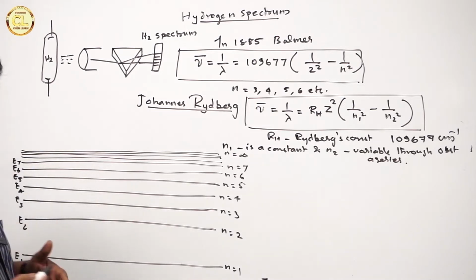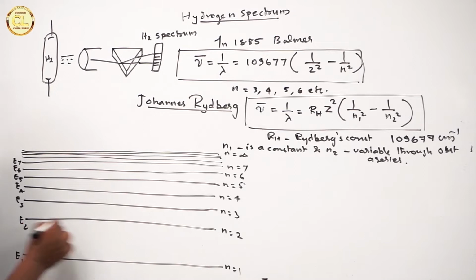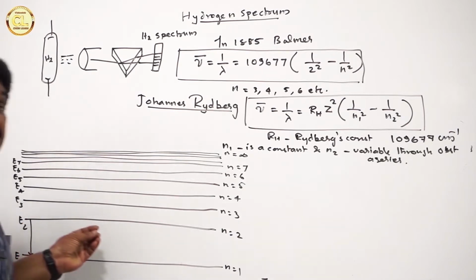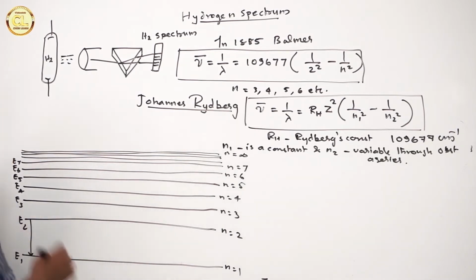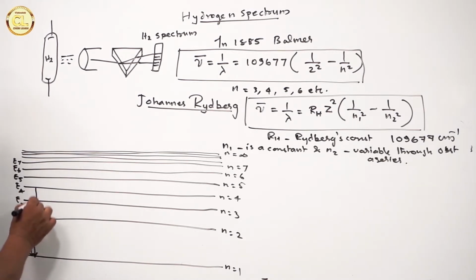See, when an electron gets de-excited from second level to the first level, then some radiations are emitted and a line is produced. If third to first occurs, a line is obtained and so on.